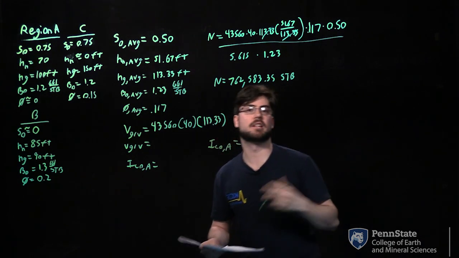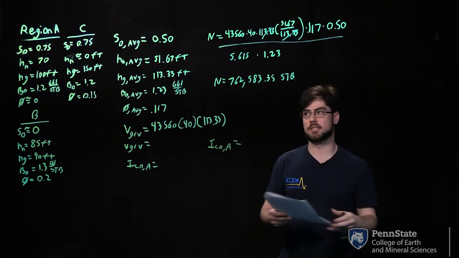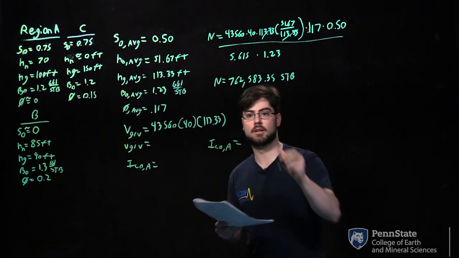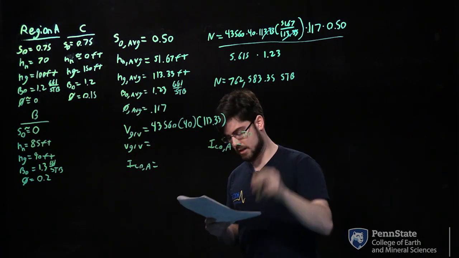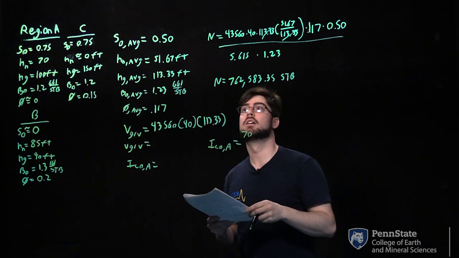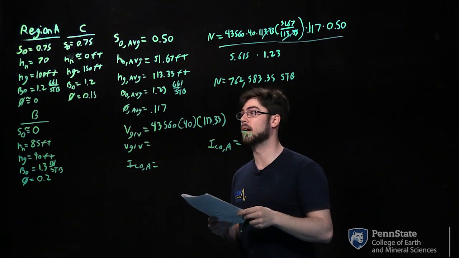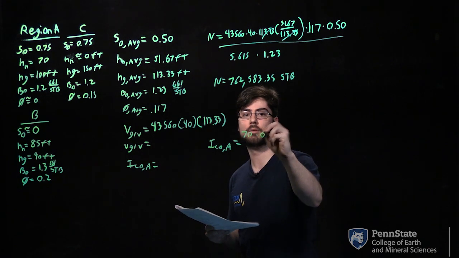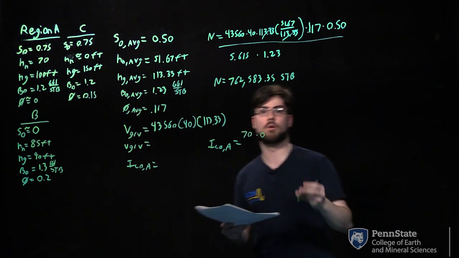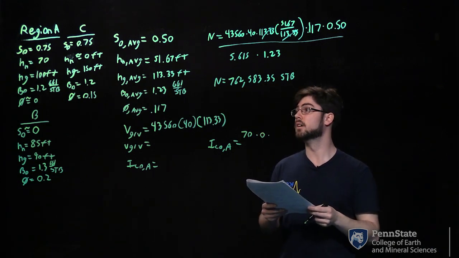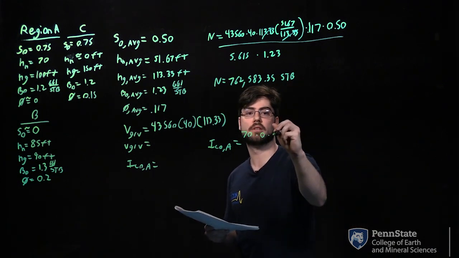Just like before, it's going to be the same process for region A, B, and C, so I'll just show the calculations for A. So for A, it's going to be H of 70 times our porosity, which is approximately 0, so very small, multiplied by our oil saturation, which is going to be 0.75.